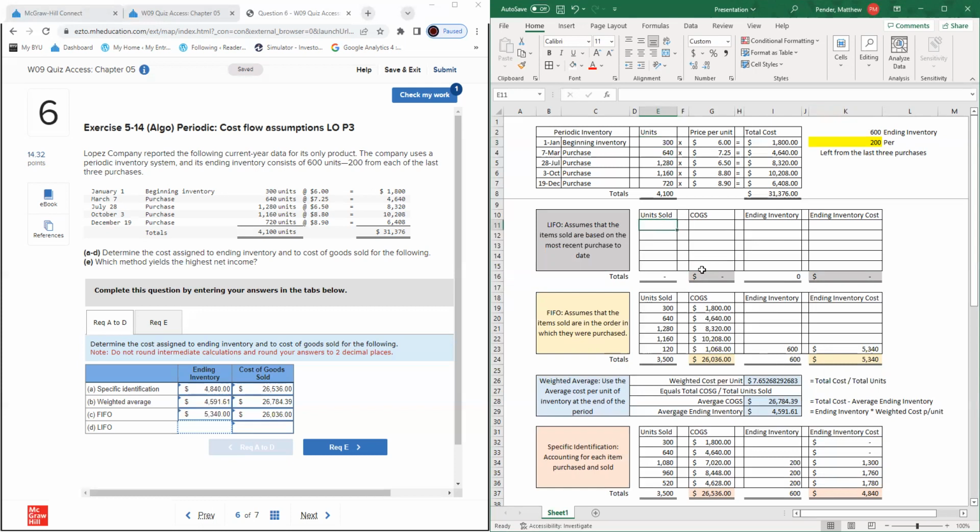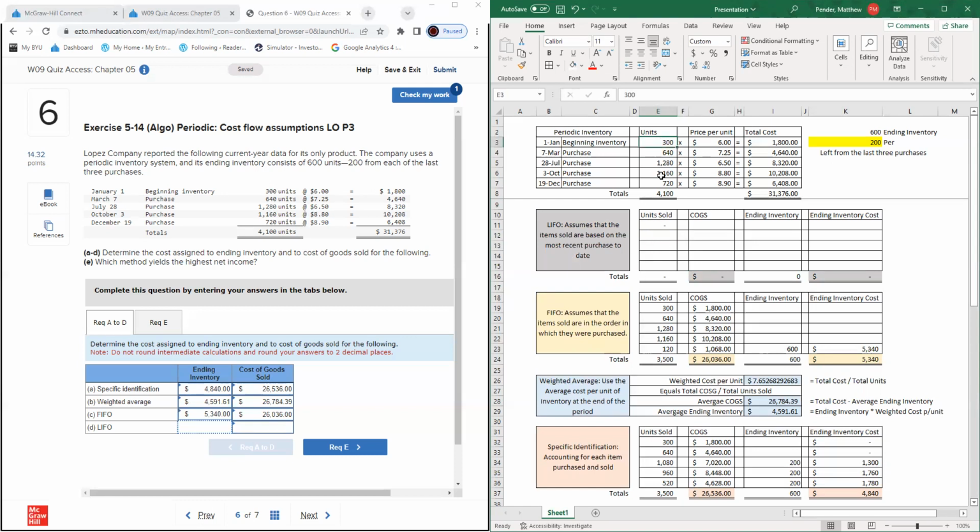So units sold. For this report, from the beginning inventory, I sold through all of this starting inventory. And then I just have to know what I have left over out of my units sold. So I didn't sell the starting inventory.